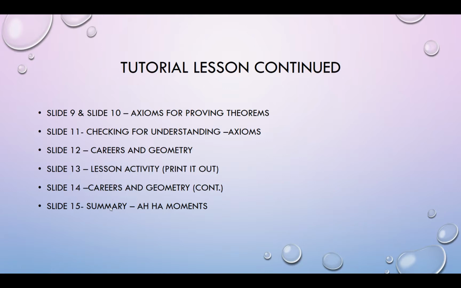The summary should have an aha moment. What do I mean by aha moment? The summary summarizes everything you were supposed to learn. So when you look at this summary, it should be an aha moment because every word on that summary, you should understand. If you do not understand something on the summary, stop, time out, go back into your tutorial lesson to make sure you understand it.